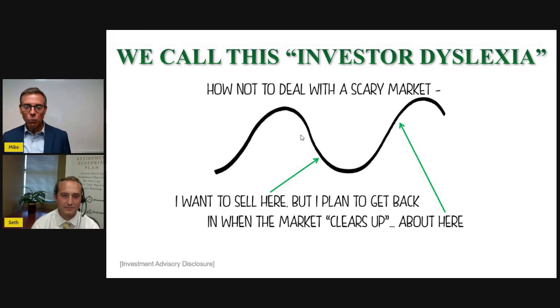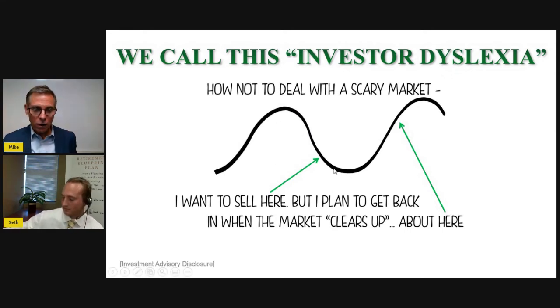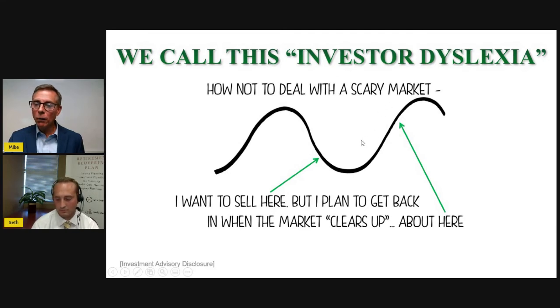And so when we feel fear, ladies and gentlemen, you notice we're right here. We're saying, I want to sell right here. The market is scary to me. I can't deal with it. I want to get out, and I plan to get back in, but I want to get back in when the market clears up, right here where I feel safe, only to be followed by, because markets do what?